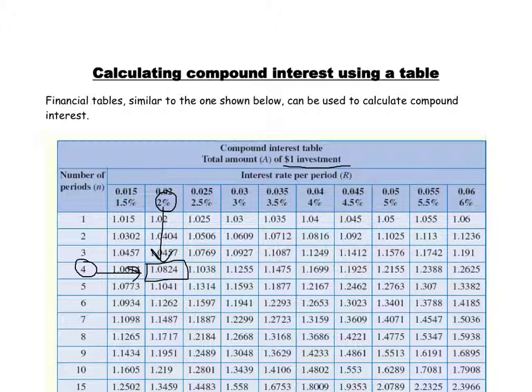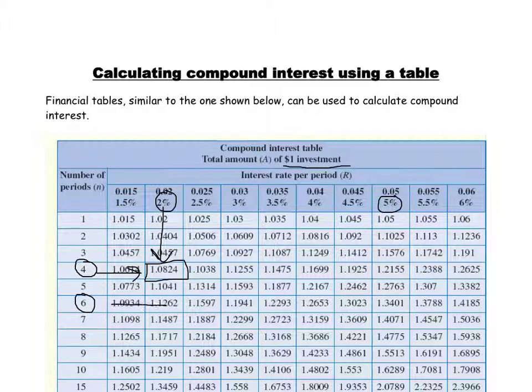Okay, let's choose something else. Let's just say, for example, we had a 6-year investment, this time at 5%.